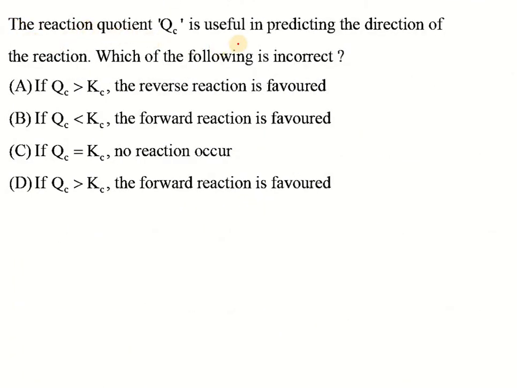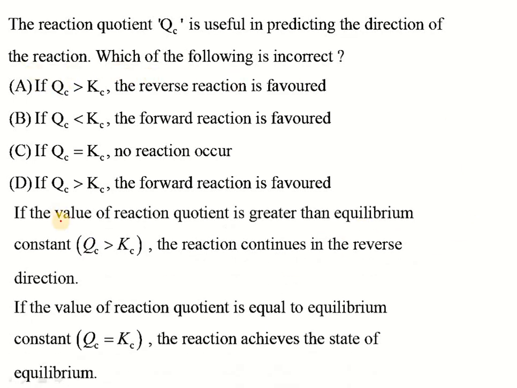The reaction quotient QC is useful in predicting the direction of the reaction. Which of the following is incorrect? If QC is greater than Kc, the reverse reaction is favorable, and QC less than Kc means the forward reaction is favorable. While if QC equals Kc, no reaction takes place. If QC is greater than Kc, then the reaction continues in the reverse direction.